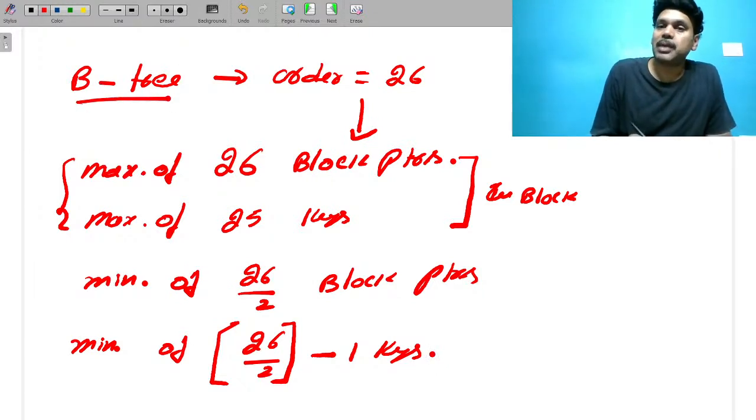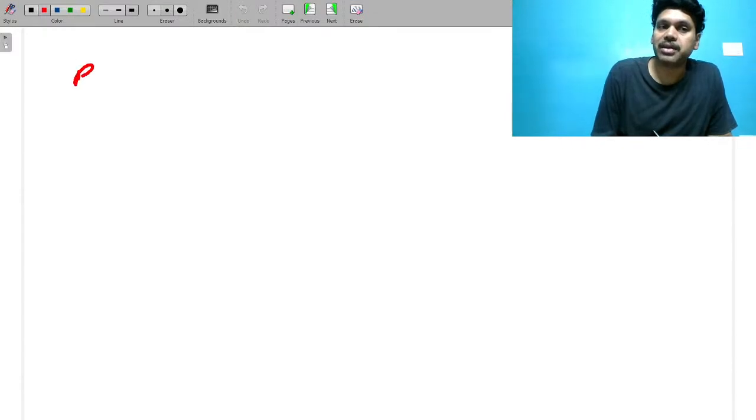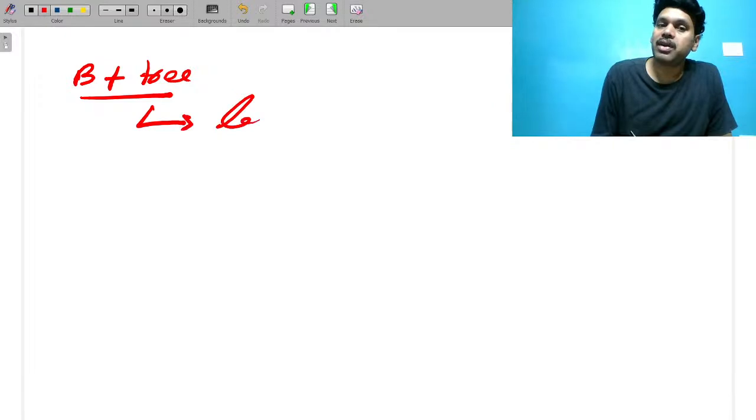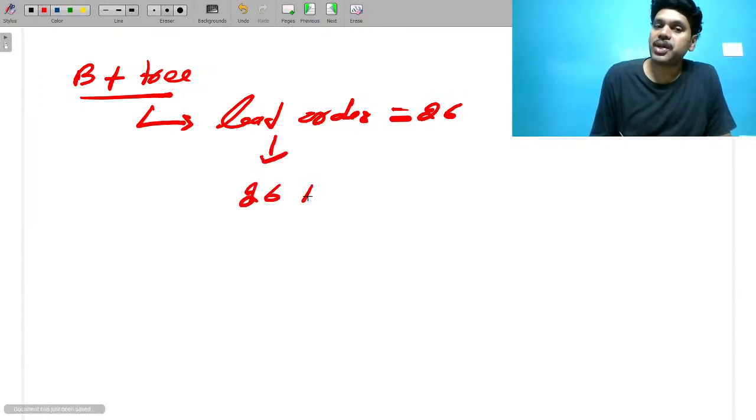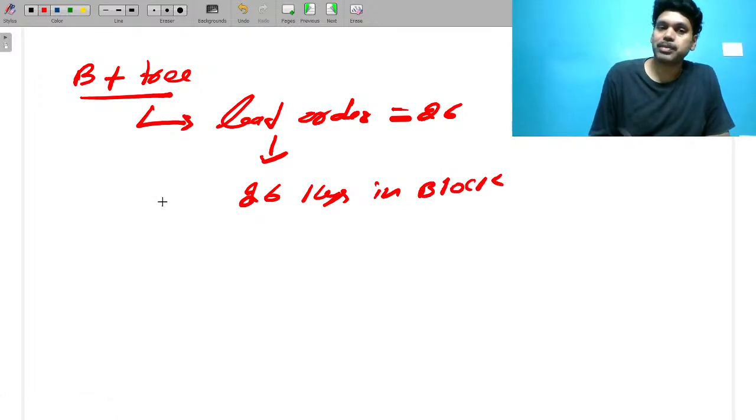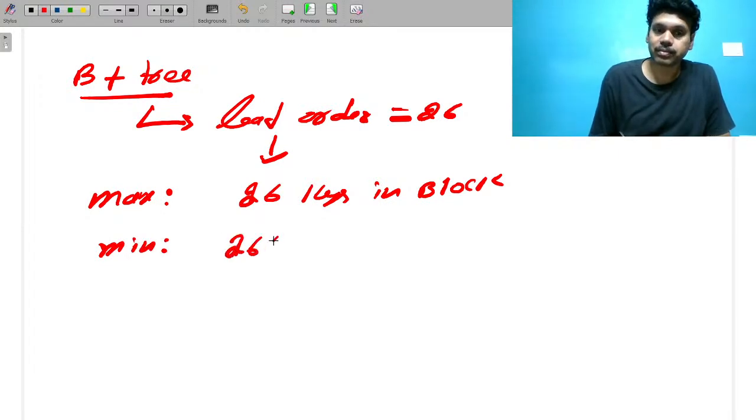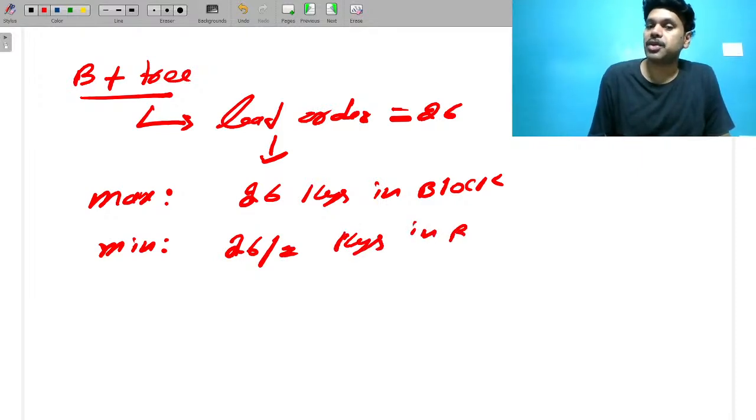If I am saying B plus tree has two orders, what is the meaning of that? If I say B plus tree leaf order is equal to 26, what is the meaning of 26? Maximum 26 keys in a block. Minimum, you know. This is what you can store in a single block according to leaf.